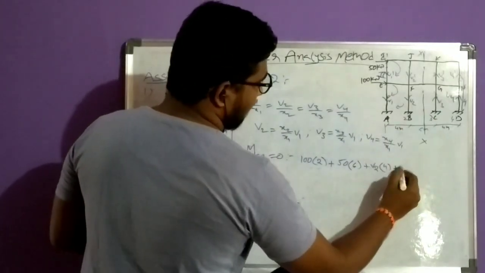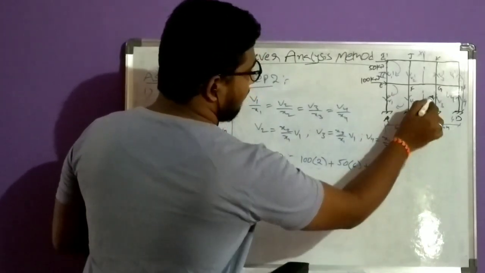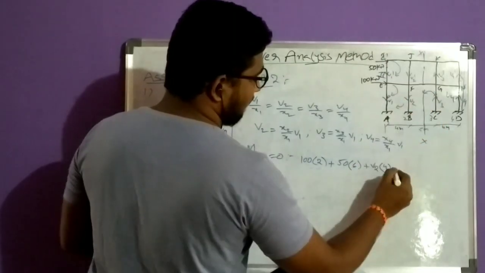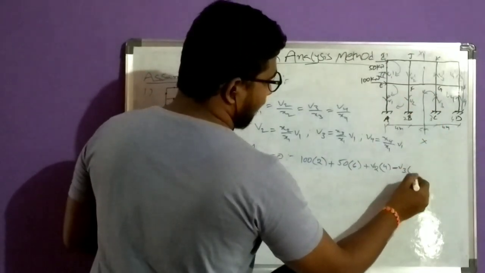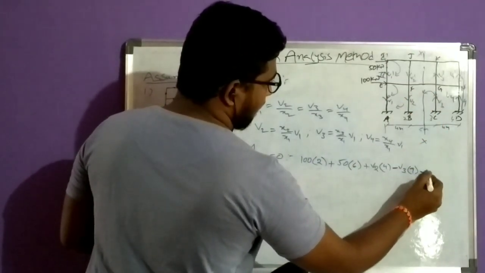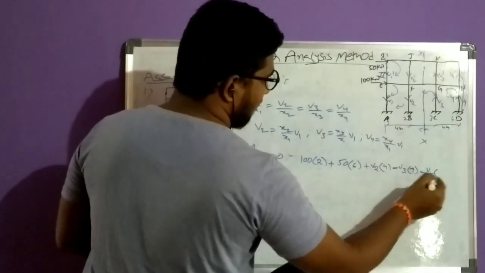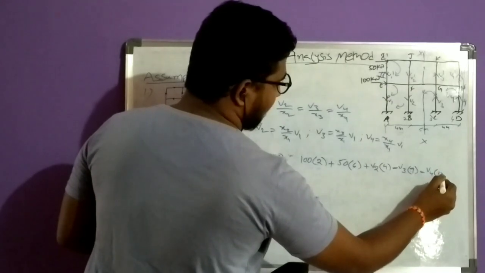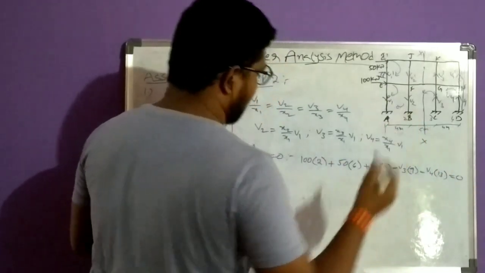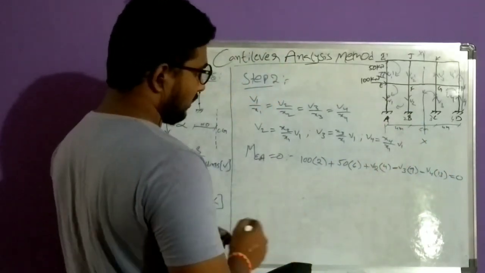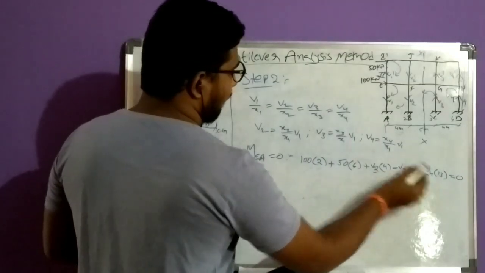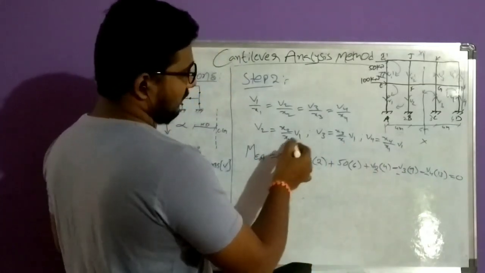So coming to V3, V3 is in the anti-clockwise direction. So I am considering minus V3 into 9, minus V4 into 13, which is also giving anti-clockwise moment, equal to 0. So after solving this equation, we know the V2, V3, V4 values in terms of V1.